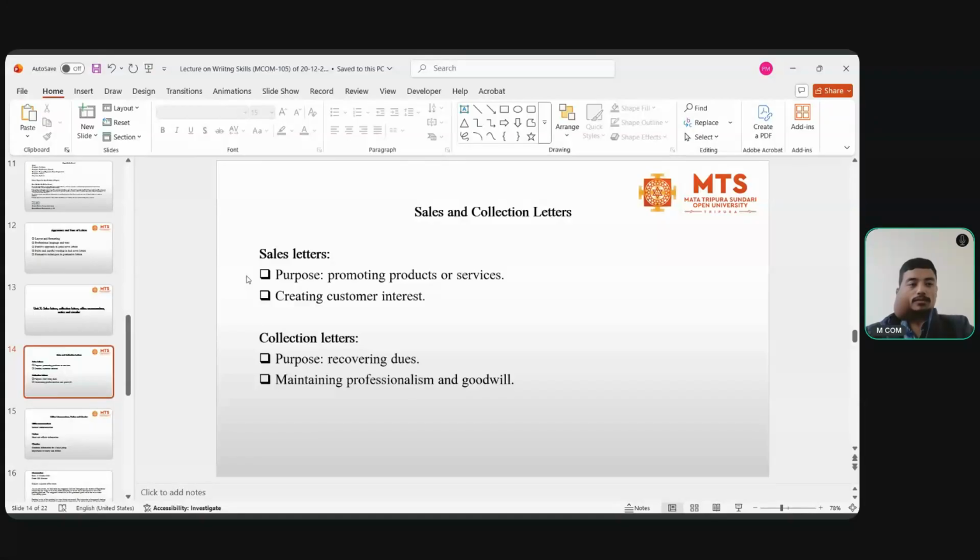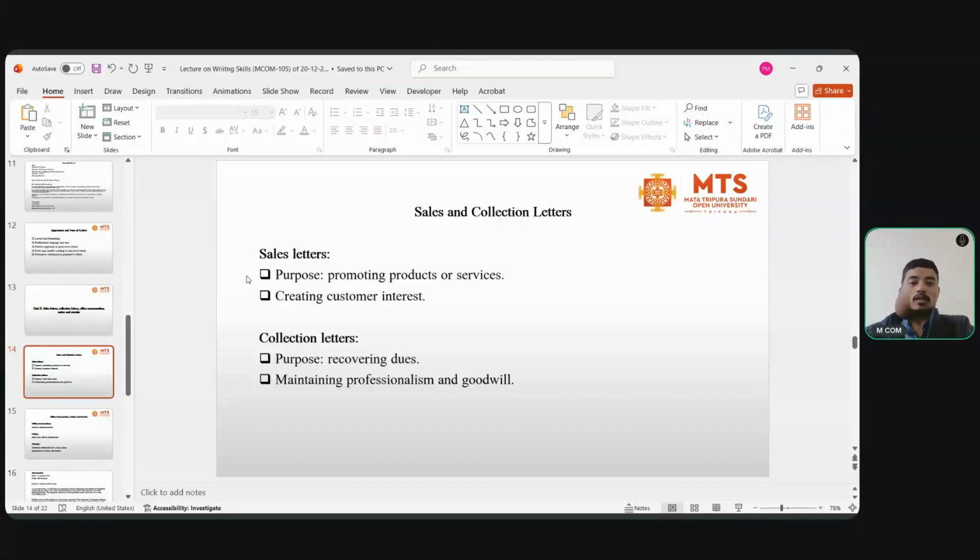On the other hand, a collection letter is to recover pending payments, while asking for money. It is important to remain polite and professional. Maintaining goodwill is very important. So both sale and collection letters must use proper format and respectful language. Good writing in these letters helps build customer trust and long-term relationships.